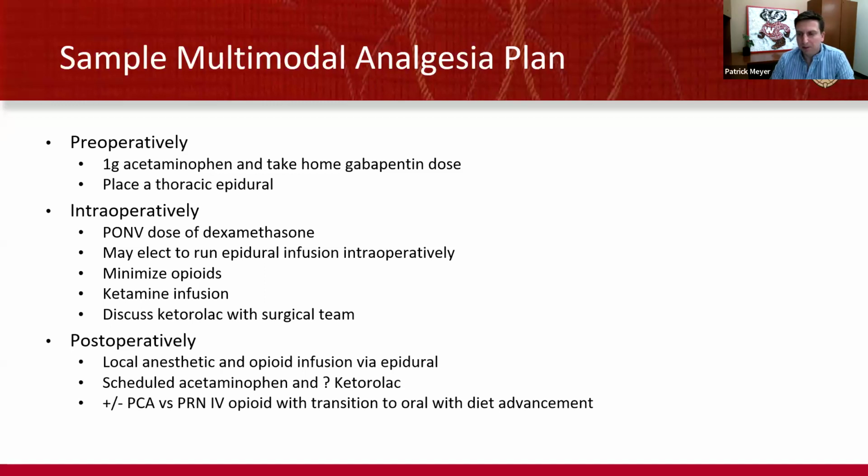I think I would start with just an as-needed IV opioid available and an oral opioid available once they're tolerating oral intake. And then if it looks like they're going to need more, maybe add a PCA to give them better control of their pain post-operatively. So I think those are all great ideas that you guys had. Let's go with this plan.